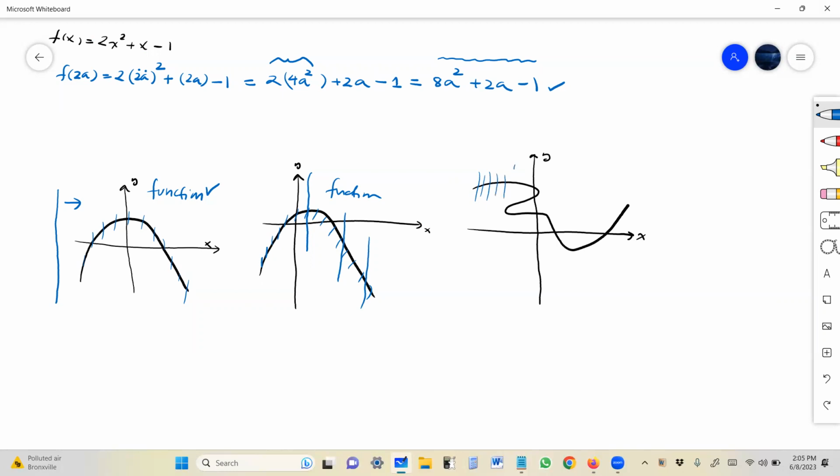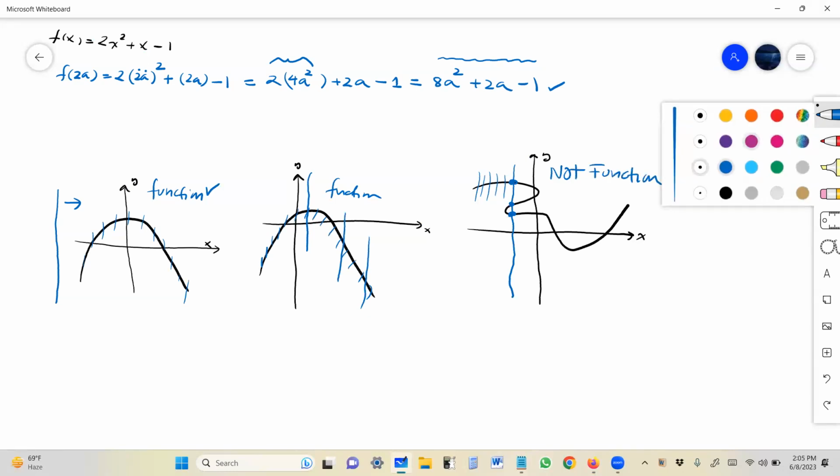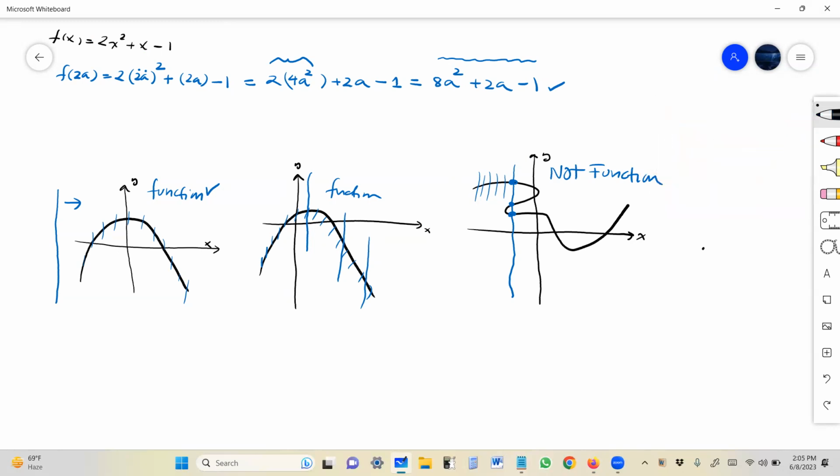But as soon as I get to this point right here or somewhere near, I have one spot, two spots, and three spots. So because my vertical line intersected the graph at more than one point, we say that this is not a function.